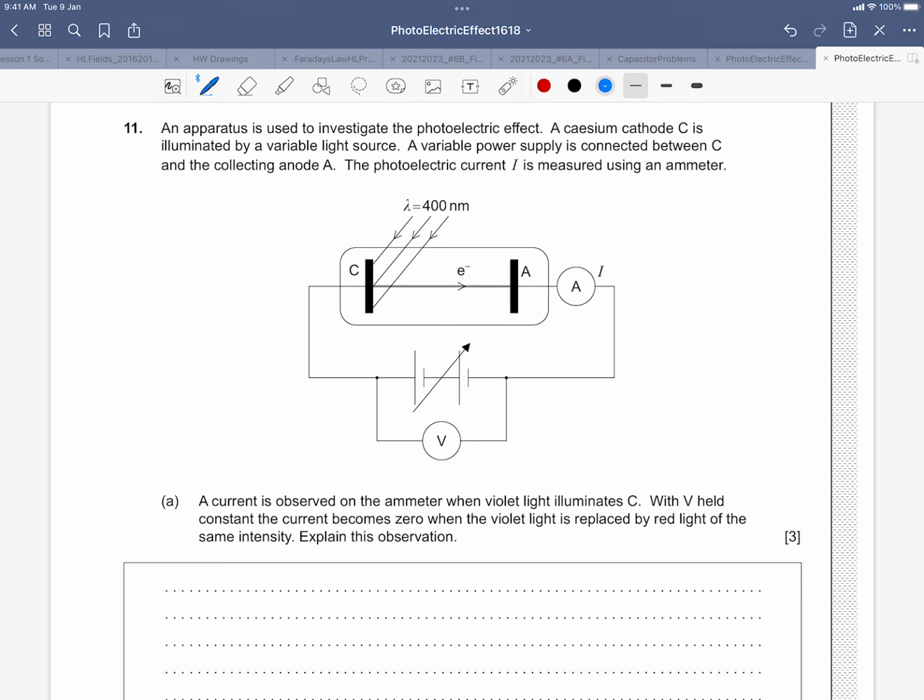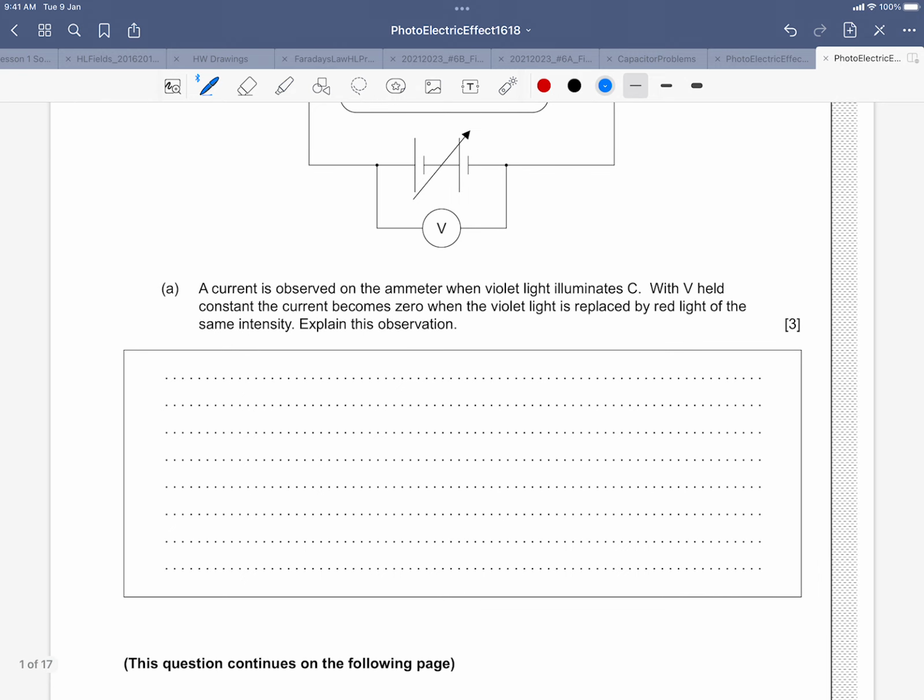And of course, obviously, when we switch to red light, we have a longer wavelength, which means a smaller frequency, which means a smaller photon energy, and that photon energy is not enough to overcome the work function. So we need to write that down.